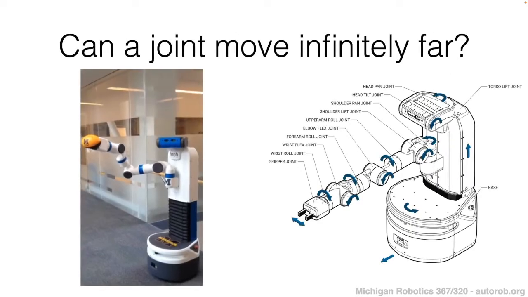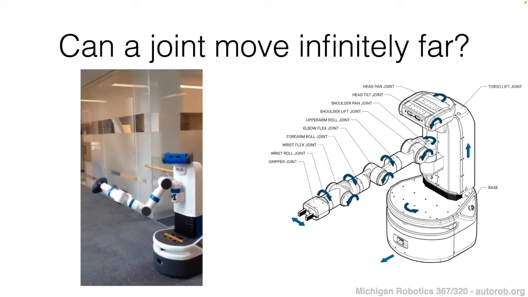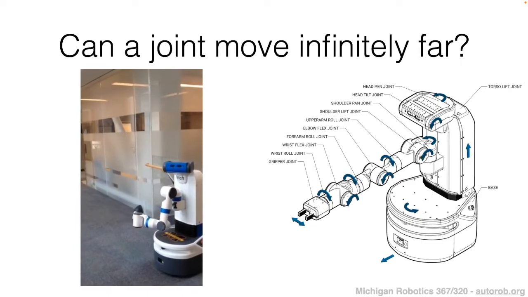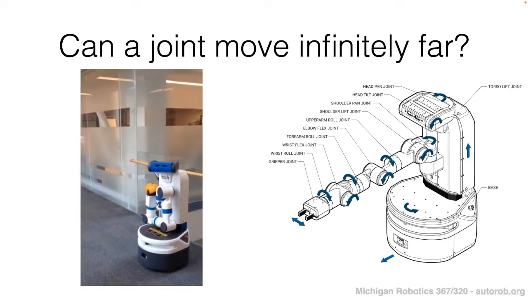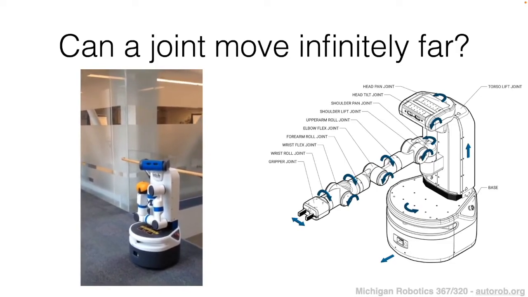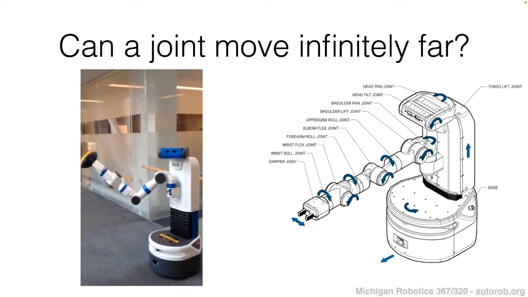A few other thoughts to consider now that we're looking at forward kinematics with these articulated joints. The first is when we think about physical robots, such as the Fetch robot shown here. There's one question we haven't really addressed yet, which is this idea of joint limits.